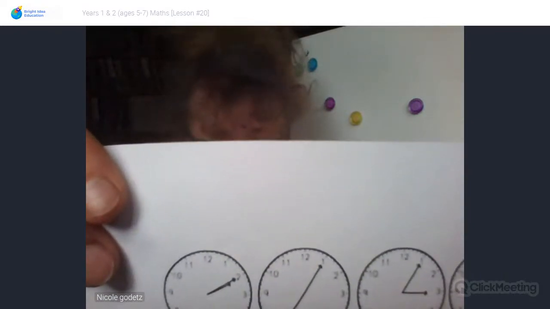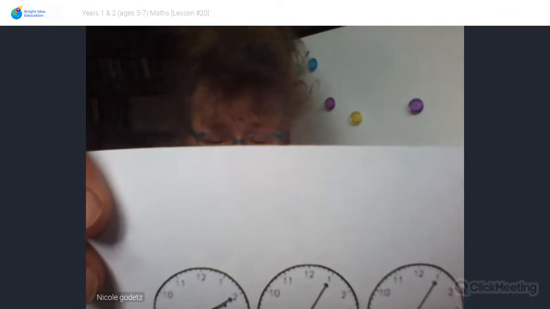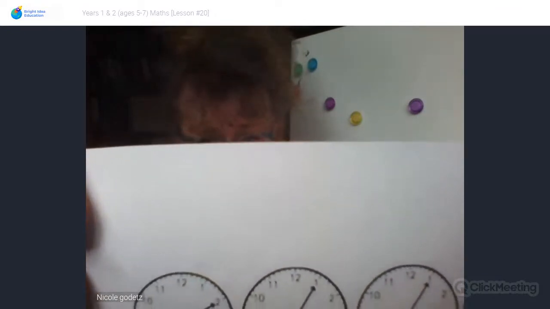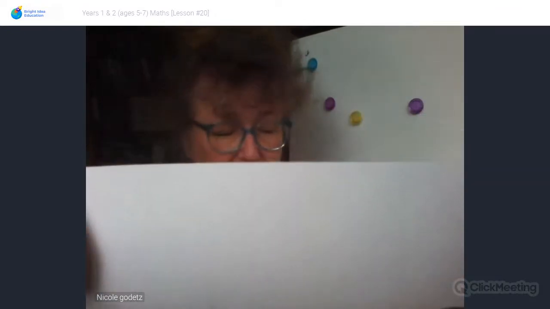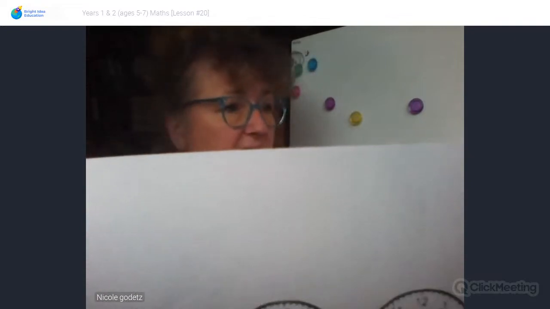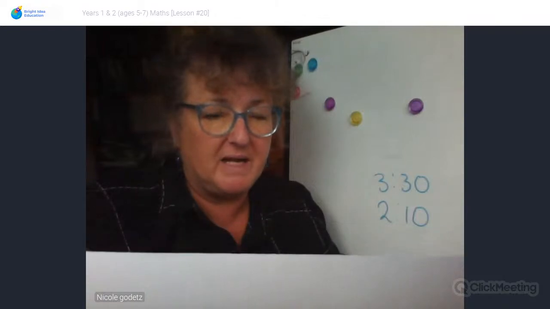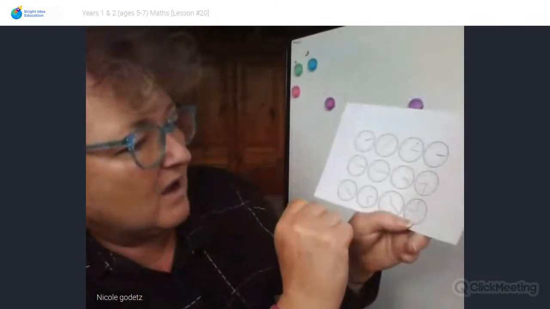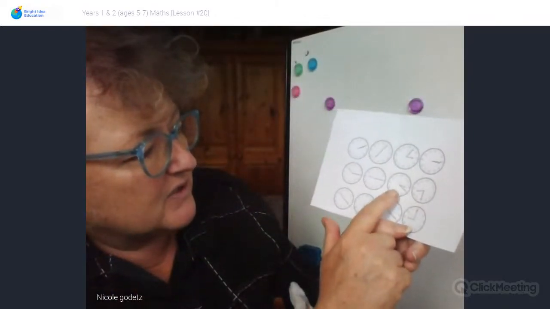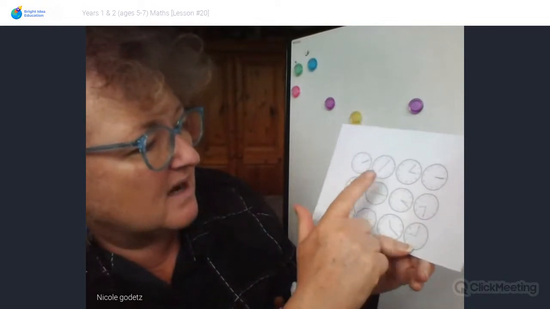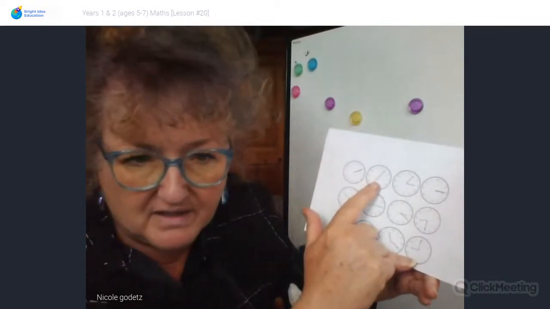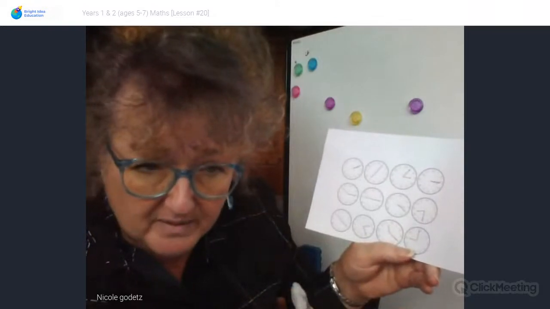Have you chosen your 3 times? Look at those clocks. Don't tell me your times. You choose 3 times and write them down on a piece of paper at home. So if you look at the clock and say, oh, I'm going to choose 20 past 3, I'm going to choose 9:15, and I'm going to choose 7:05, then you just write those down on a piece of paper.